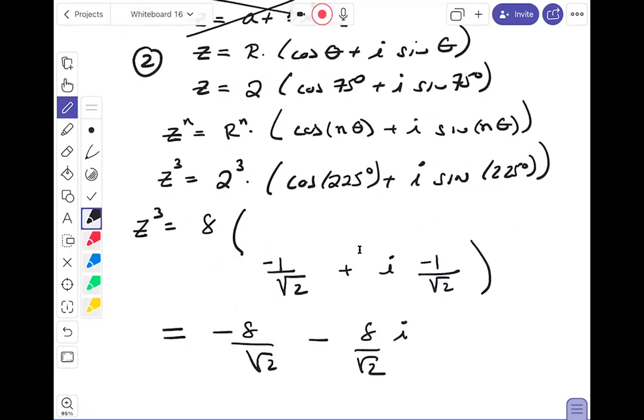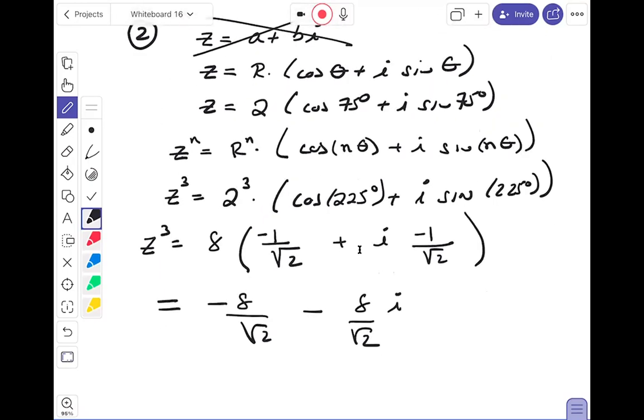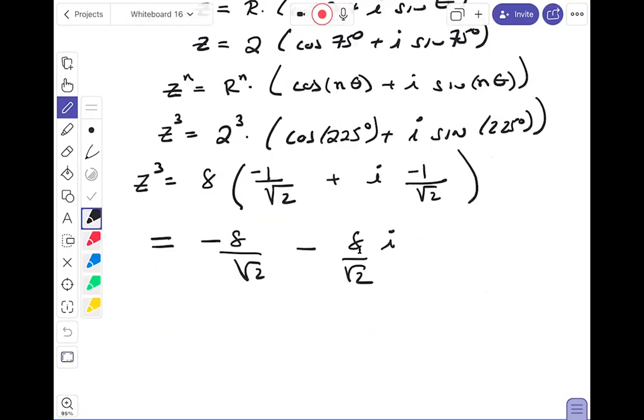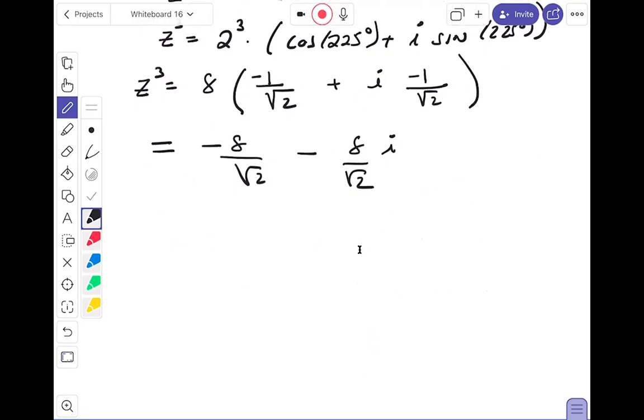All right, I want to keep going. Oops, sorry about that. Jumps around, the pens on my hand sometimes. I'm going to rationalize this. The only reason is I think the numbers are going to be written much easier. So I'm going to multiply top and bottom of these numbers by root 2. Well, root 2 times root 2 is 2, and 2 goes into minus 8 minus 4 times.